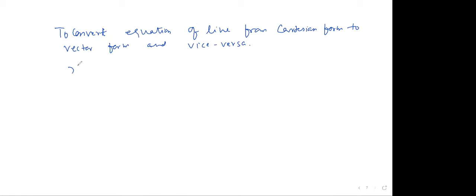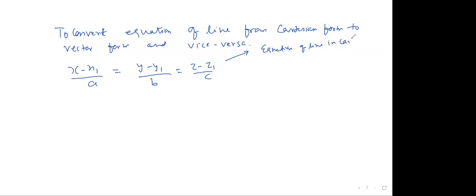Suppose we have been given (x minus x1) over a equals (y minus y1) over b equals (z minus z1) over c. This is the equation of the line in Cartesian form, and we need to convert it into vector form.